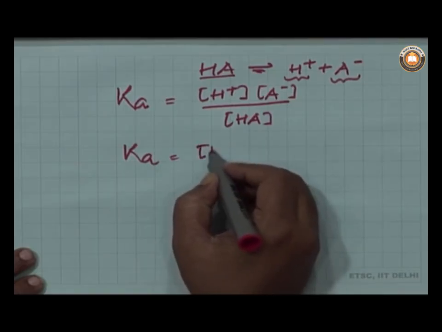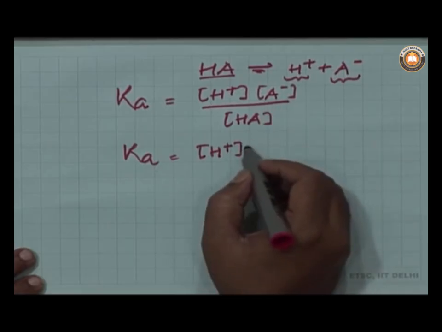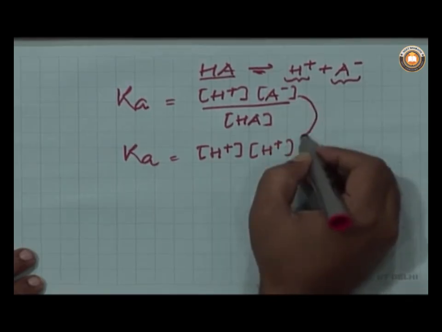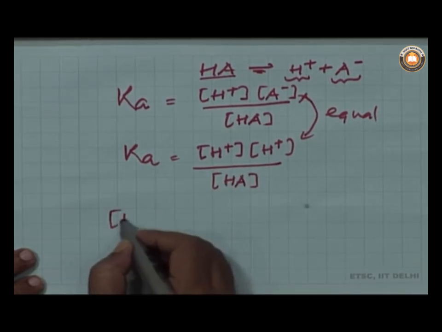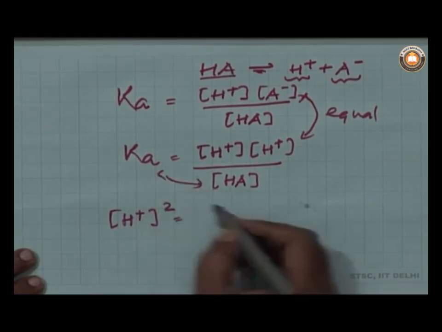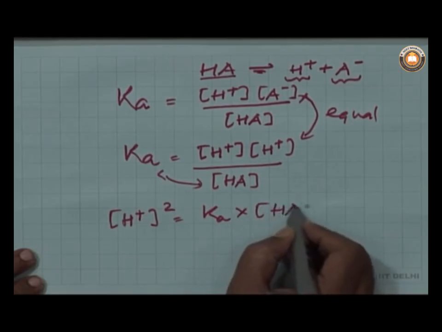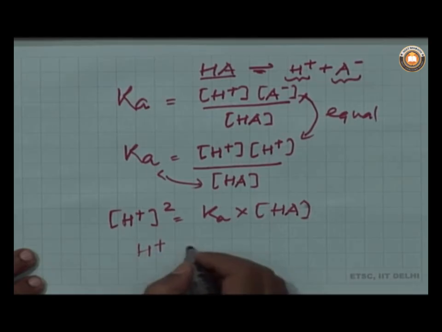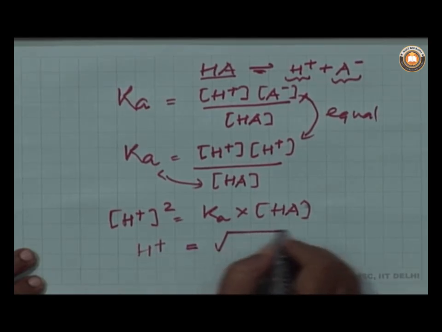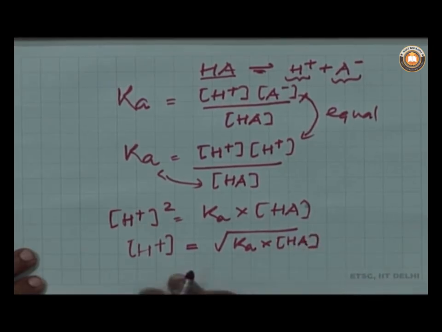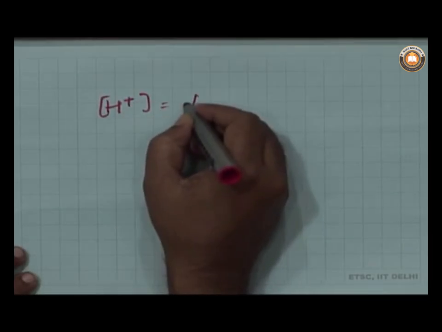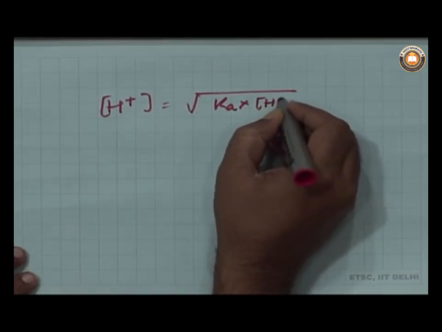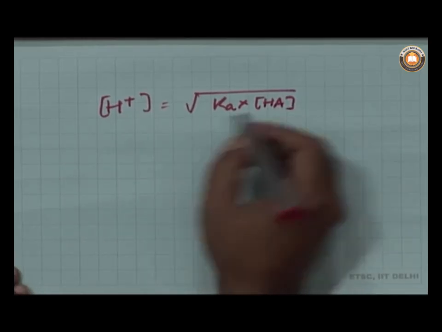So, we can simply write H plus squared divided by HA is equal to Ka, and so H plus is equal to the square root of Ka into HA. So, this is for your weak acid.